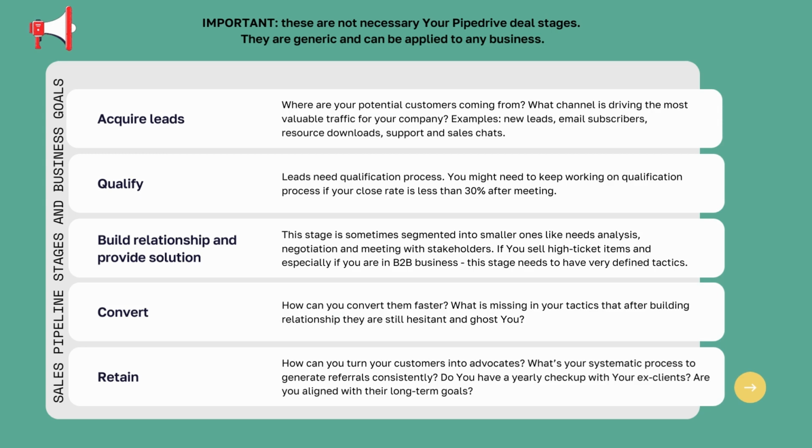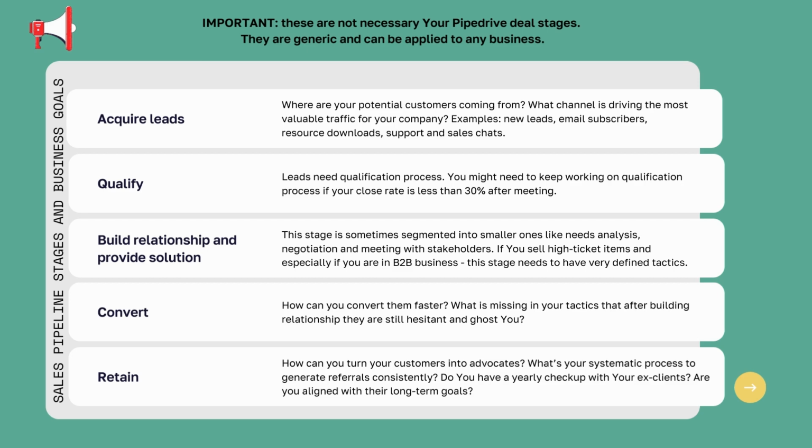So what do we mean by sales stages in this specific method? They are not necessarily your Pipedrive stages in pipelines, as those can be further segmented for tracking purposes and also named very differently depending on your decisions.